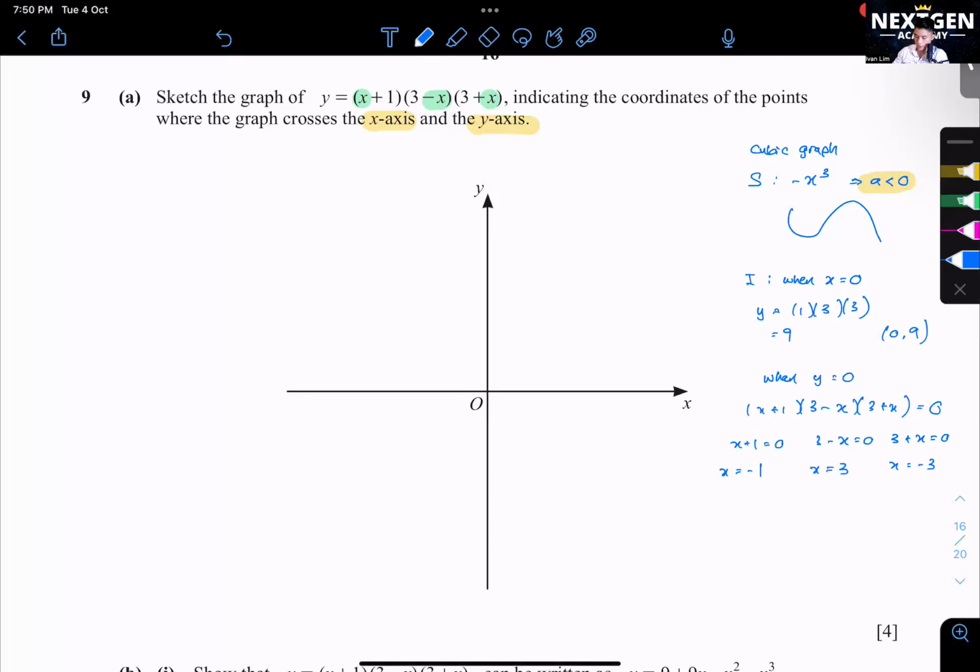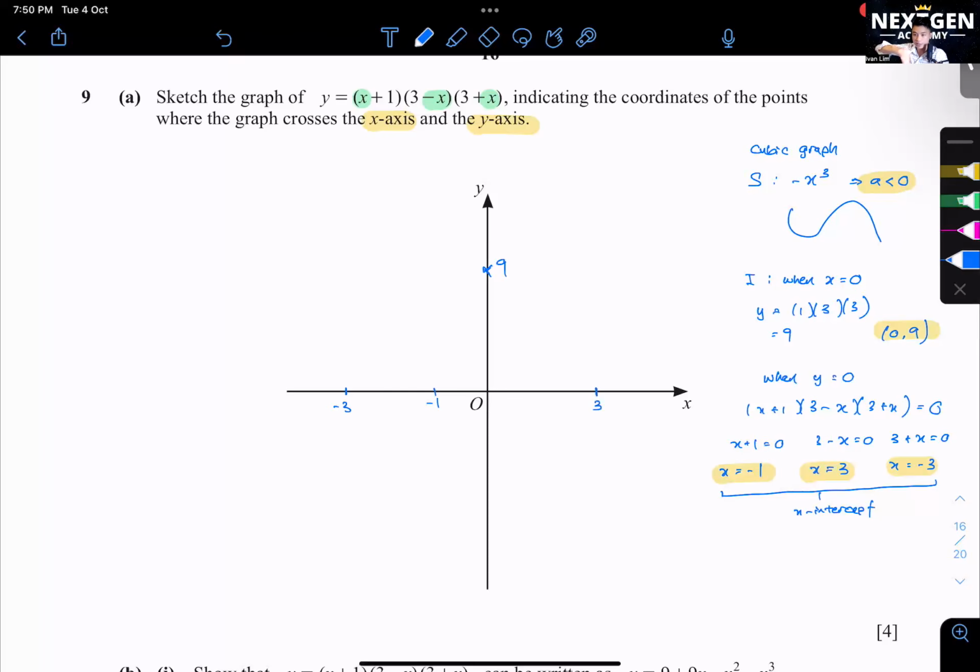These will be your x-intercepts. You all got to label all these important points. So (0, 9) is your y-intercept. Then I have -3, -1, and then +3.